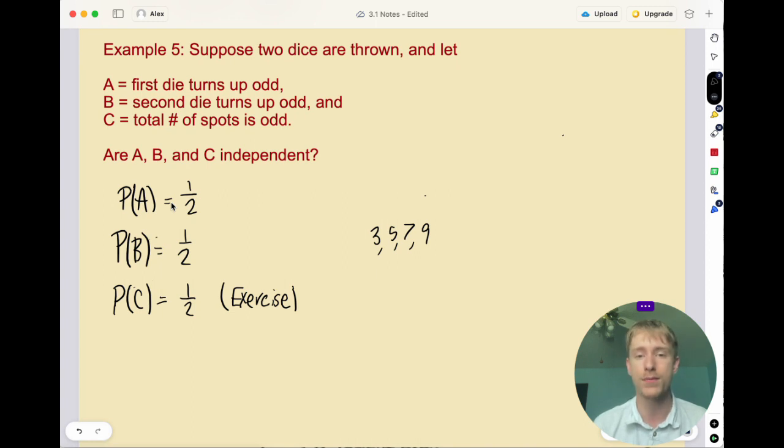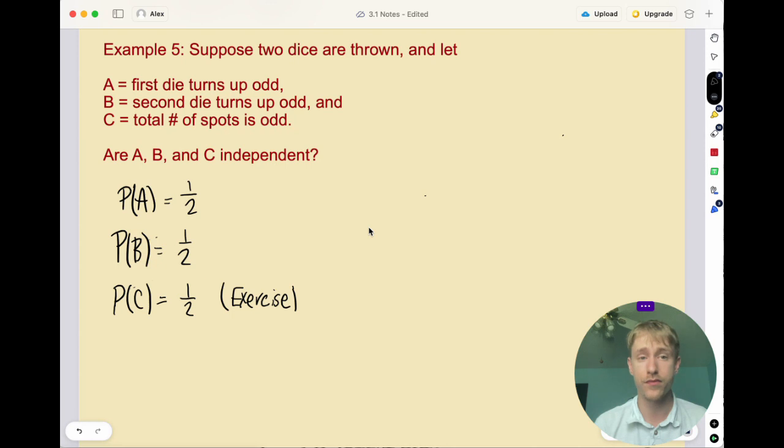List out all the possible ways of getting a 3, like a 1 and a 2, or a 2 and a 1, and do the same with 5, 7, 9, and 11. When you enumerate all of those, you should get 18. There are 36 different outcomes from rolling 2 dice, so 18 over 36 is 1/2, but make sure you show that as an exercise.